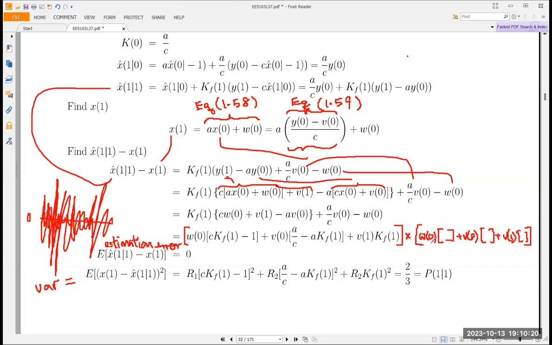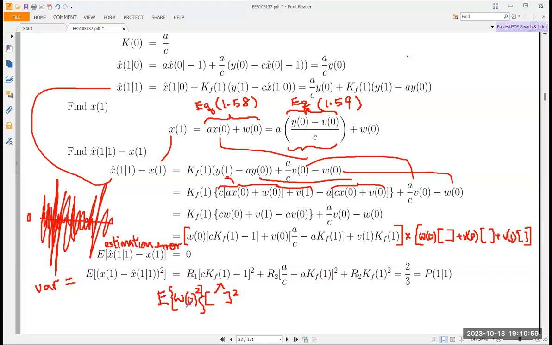The W0 square, when you multiply this, you will get W0 square, which is this one here. All right, CF1 minus 1 is this one, is inside here. This one, you take the expectation of this, is by the definition R1.